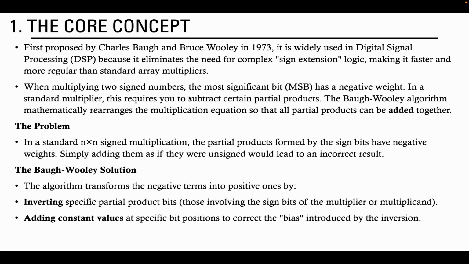When we multiply two signed numbers, the MSB has a negative weight. In a standard multiplier, this requires you to subtract certain partial products. The Baugh-Wooley algorithm mathematically rearranges the multiplication equation so that all partial products can be added together.